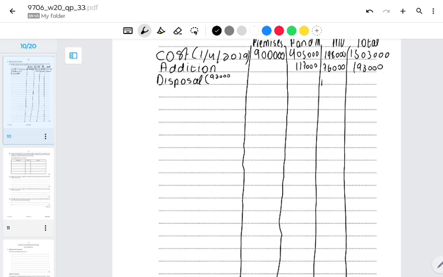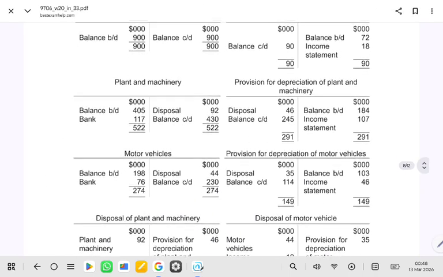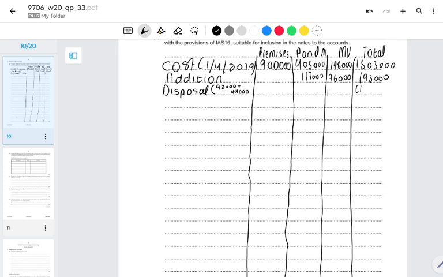And for motor vehicle, how much was it? 44,000, yes. Plus 44,000. So let's check how much it is. It gives us a value of 136,000 that would be recorded in the total. 136,000 disposal has been calculated.